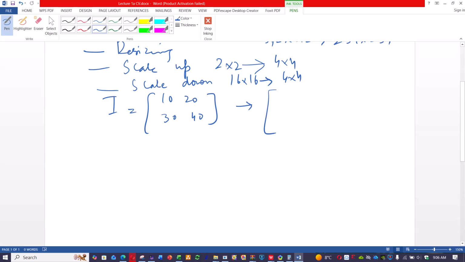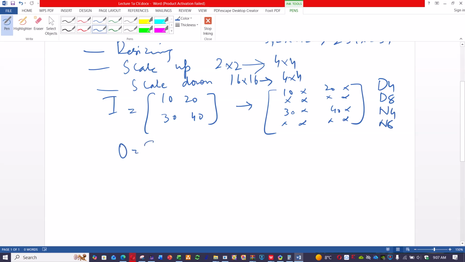In the case of 4 into 4, this is what we want, and for that, based on the neighbors like D4, D8, N4 or N8, let us consider we have the N8 neighbors, so our output would look something like whatever I'm writing here.